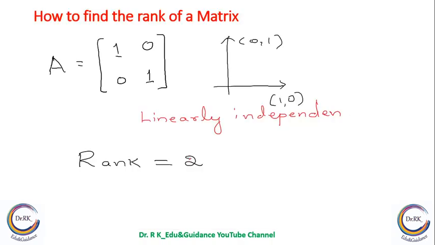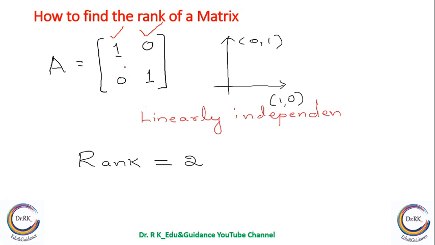And how to find this? Now we see one example. Suppose A is the matrix [1 0; 0 1]. As per the definition, we look for the maximum number of linearly independent vectors.